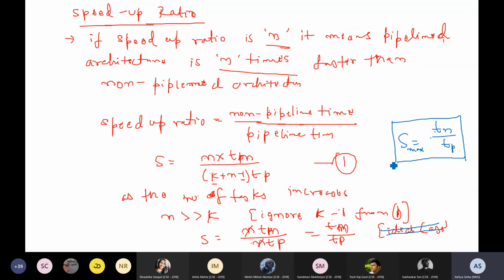So from that you can verify your answer, that the speed up value that comes will always be less than or equal to k, and we'll have a chart of how the values of k and n vary.